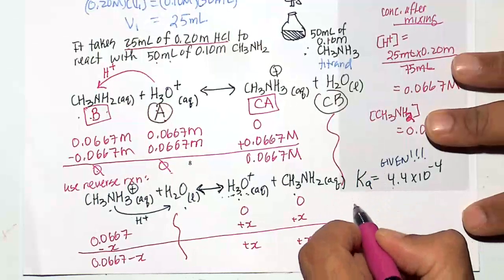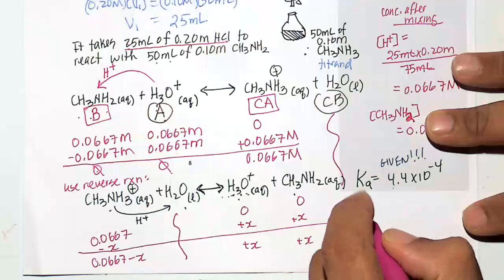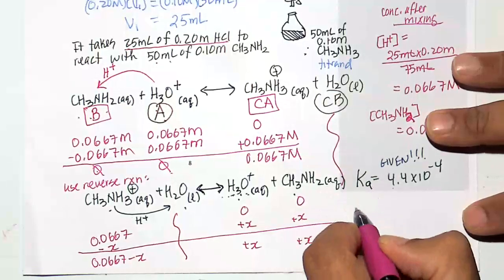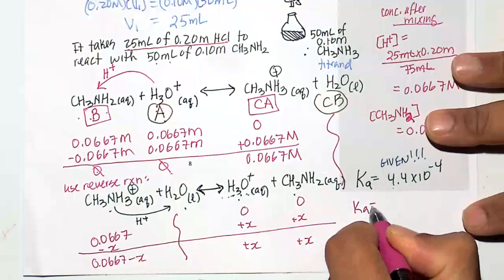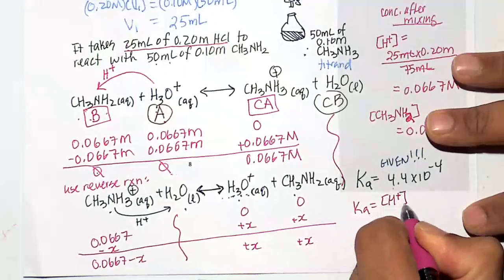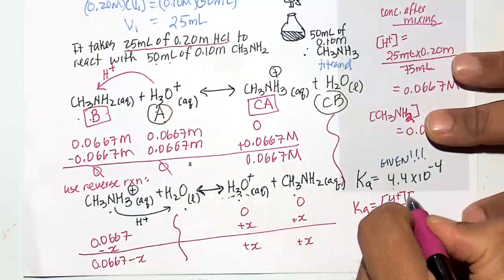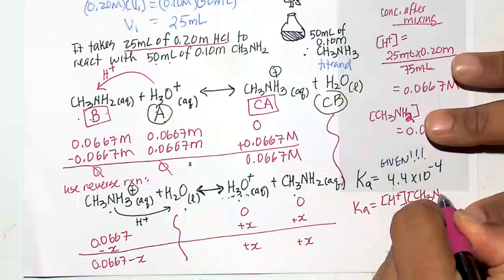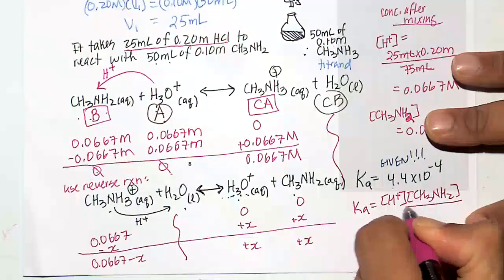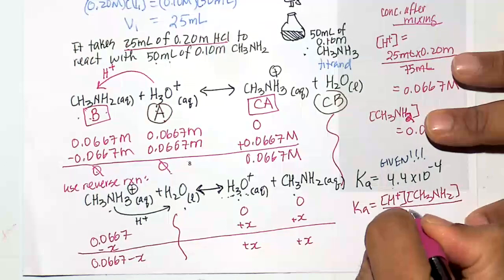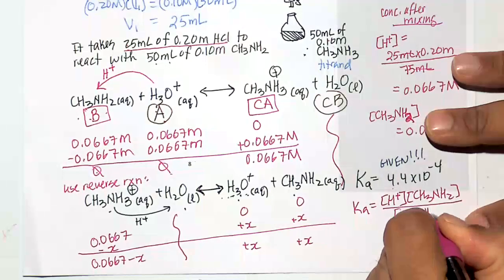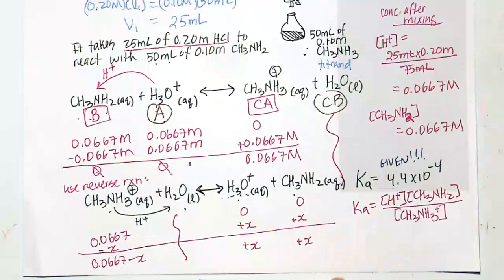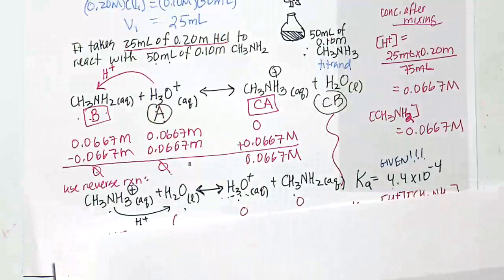Okay, we'll plug that into our Ka. So Ka is equal to H plus, which is the same as H3O plus, times CH3NH2, divided by CH3NH3 plus. Okay, so let's use the next sheet of paper here.